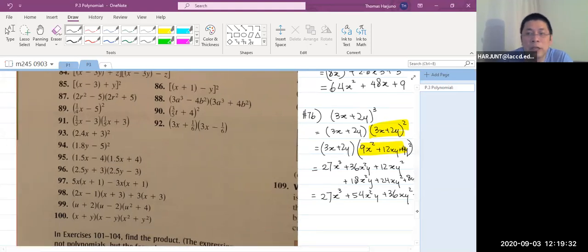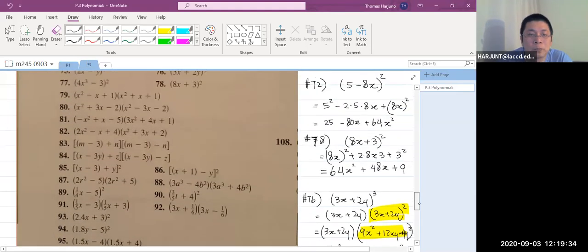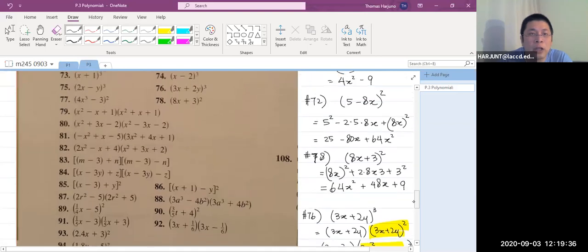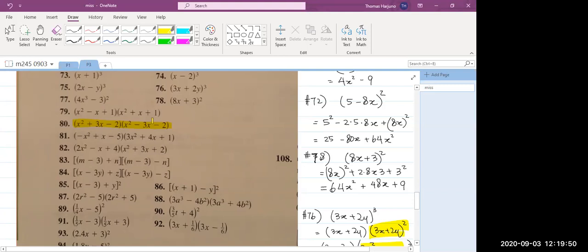Now, that's if we have a cube. Okay, now if we take a look further at this question, do you think you can do number 80? How will you do that?